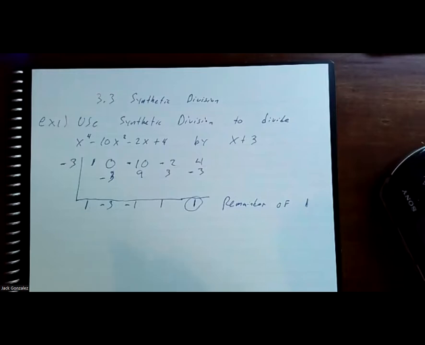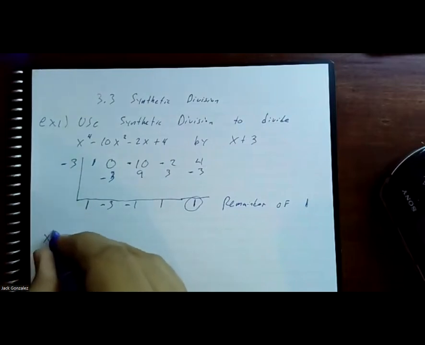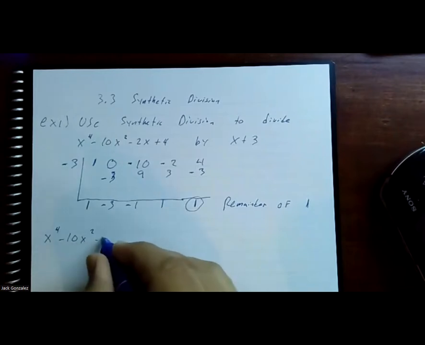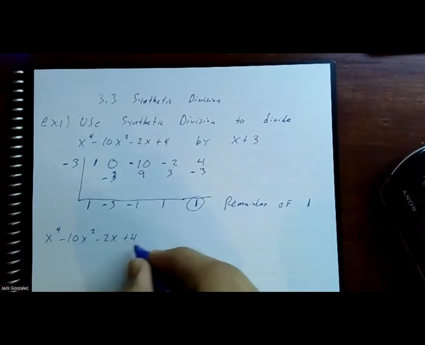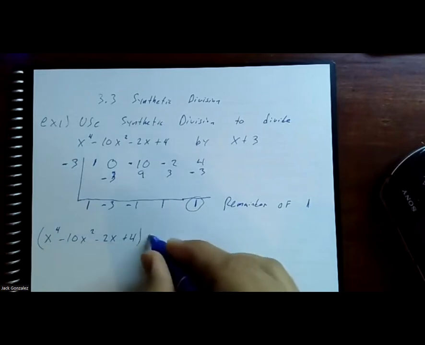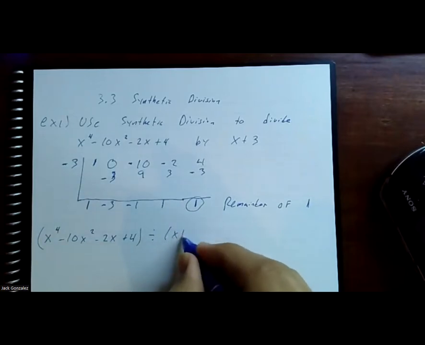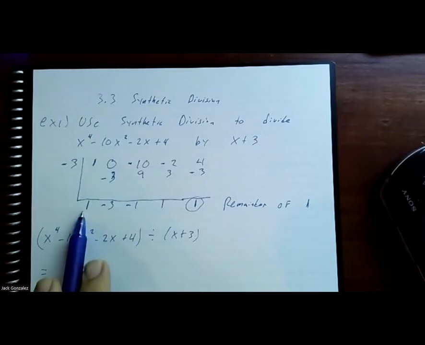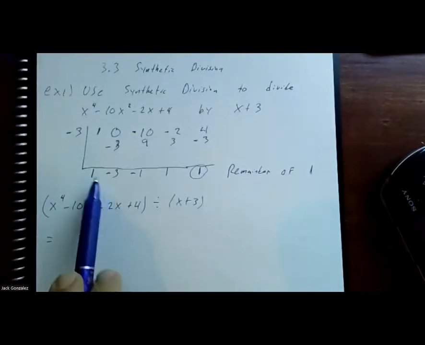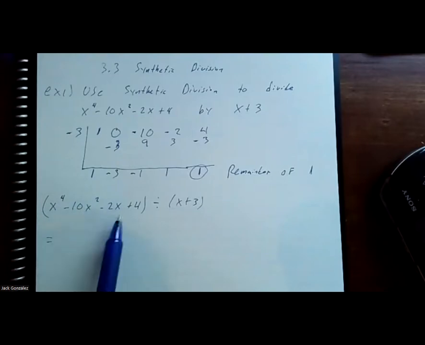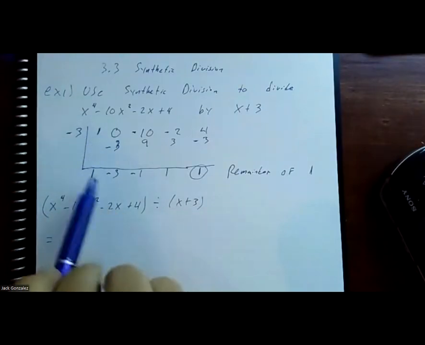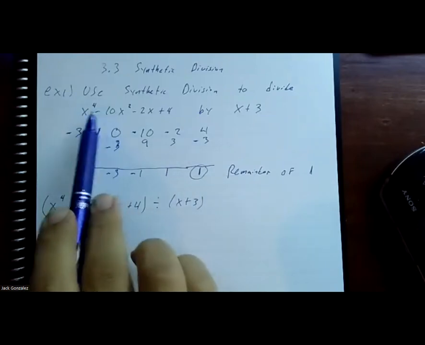So essentially what we did is this. So this divided by this is equal to, and then you take these coefficients right here and create the new polynomial. So the result is going to be this. So this is going to be reduced by a power of 1. So this was a fourth power.